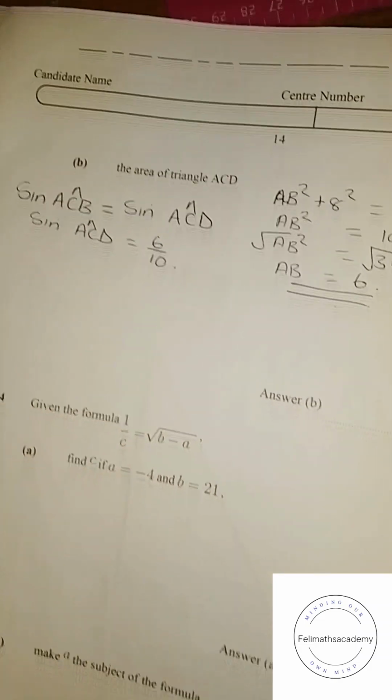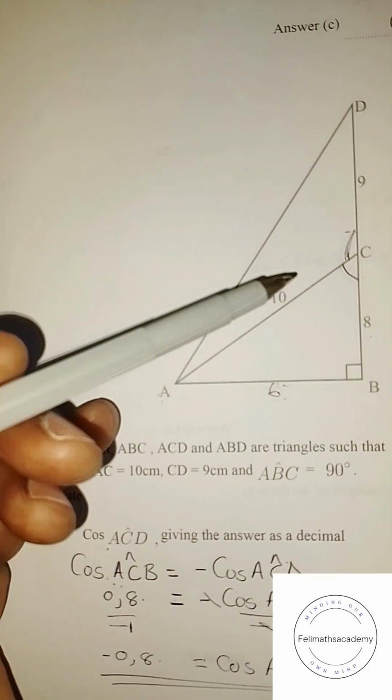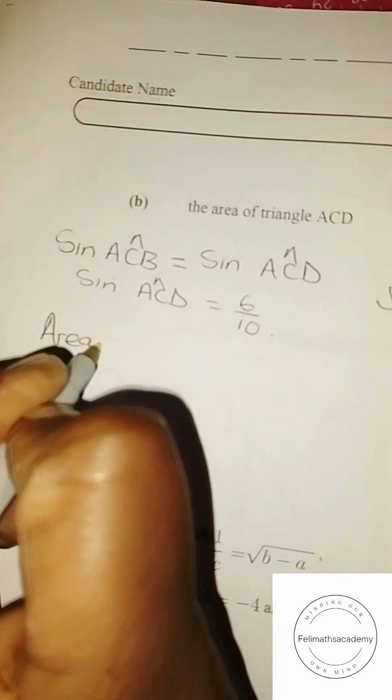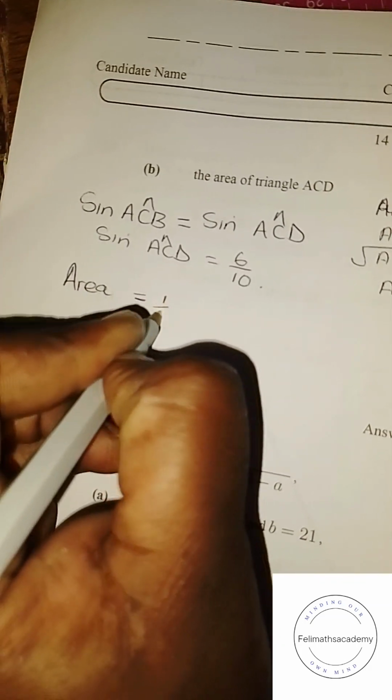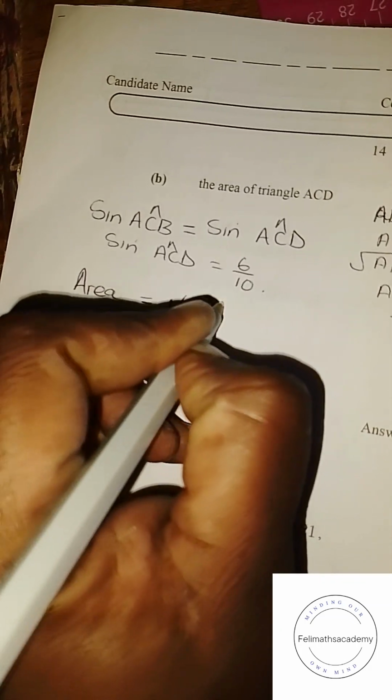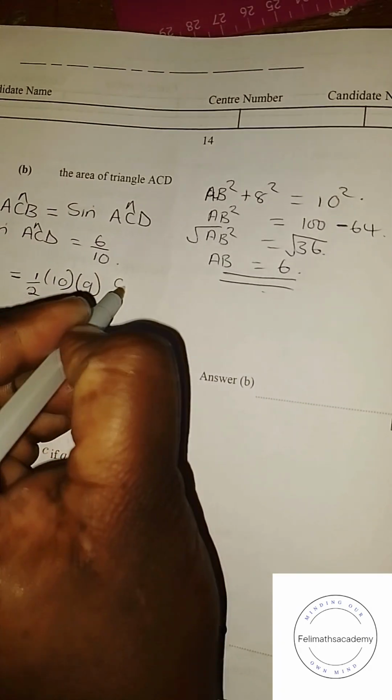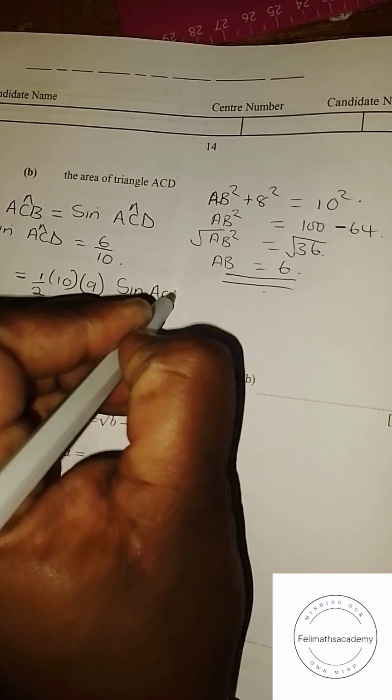So the area of this triangle is equal to half times 10 times 9 times sine ACD. But our sine ACD is 6 over 10.